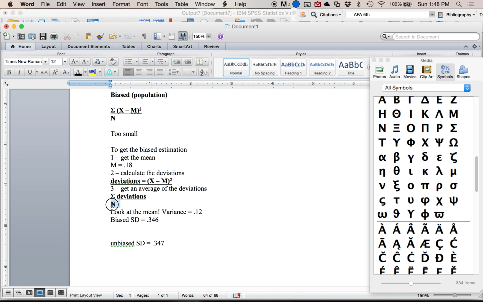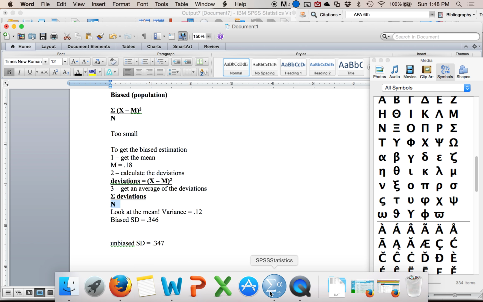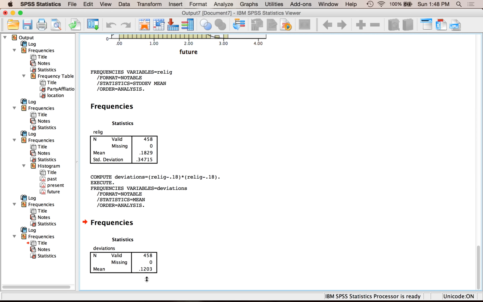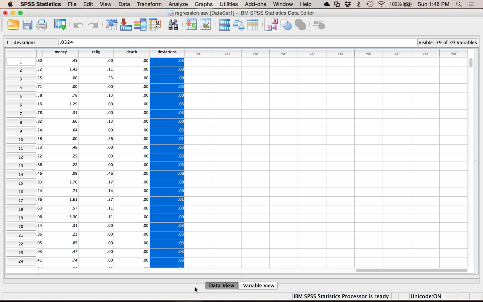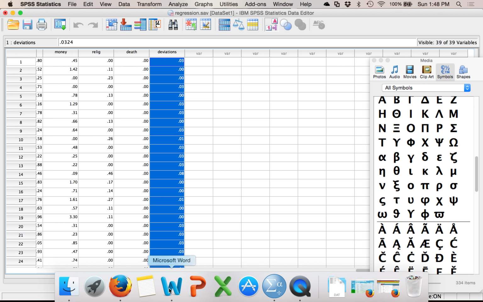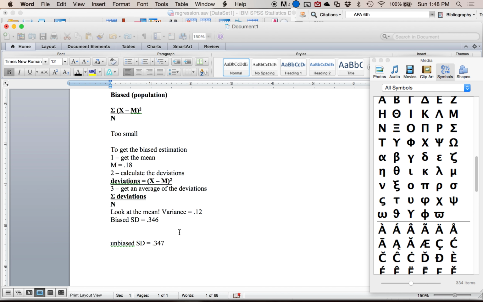The more n you have, the less different they are. In this particular study I have 458 participants, that's a lot. So the bigger the sample size, the smaller the distance between biased and unbiased. If I had only had 12 people, you would have seen a big difference between biased and unbiased.